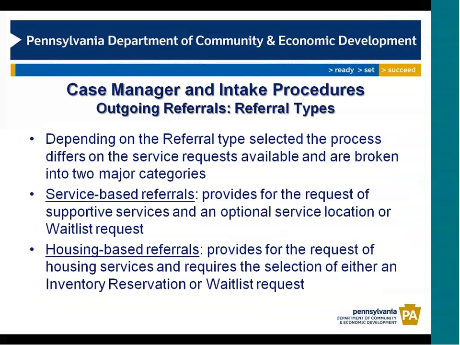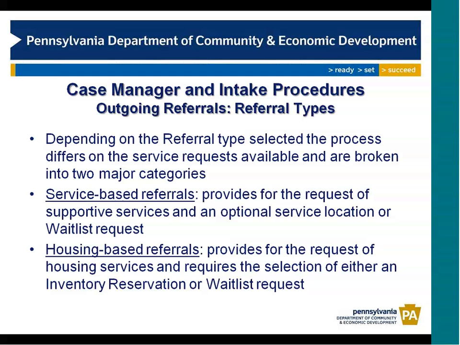Now, depending on the referral type selected, the process differs on the different service requests that you can add to the actual referral after all those data elements are done. And they're broken into two major categories. Referrals are either service-based, which provides for the request of support services and allows for some optional features like requesting a site location or even a waitlist request.